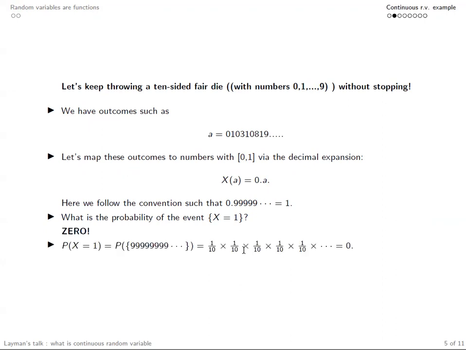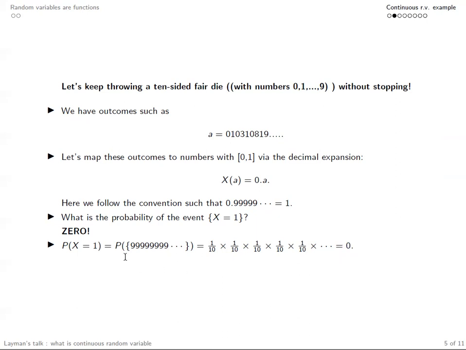which is not a very surprising result, because to have a 1, we need to make sure that in this non-stopping throwing, we have a 9 at each throw. And given each throw is independent of the others, that essentially will be a product of infinitely many 1 over 10. That's no doubt going to be 0.